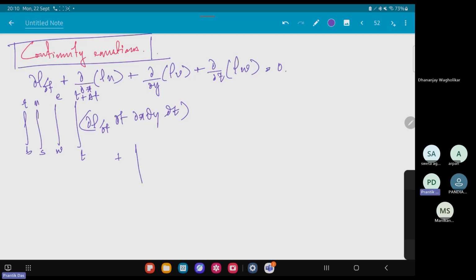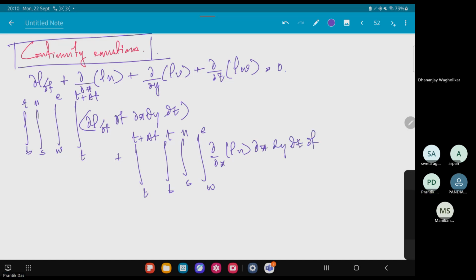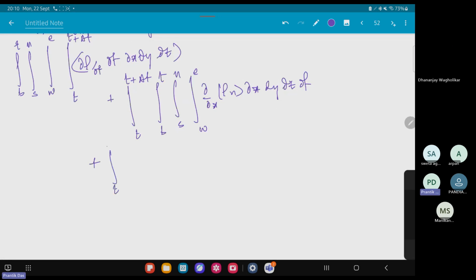Plus t to t plus delta t, bottom to top, south to north, and east to west, the d by dx of rho u, dx, dy, dz, dt. Plus t to t plus delta t, similarly east to west, north to south, the d by dy of rho v, dy, dx, dz, dt.